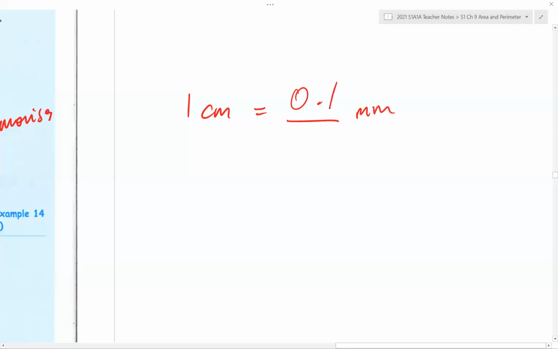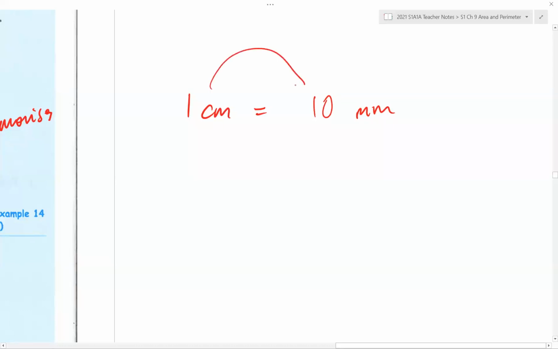Is that correct? Do you have a ruler? Look at your ruler. Look where 1 cm is. How many mm in 1 cm? 10. We have 10 mm in 1 cm.